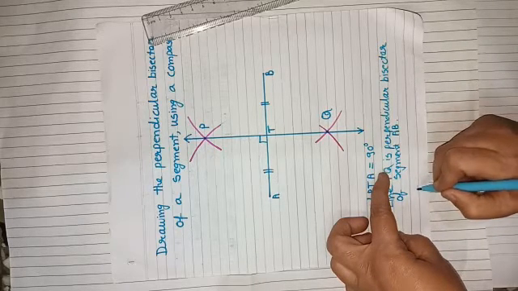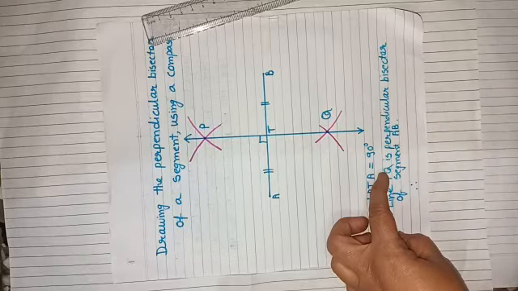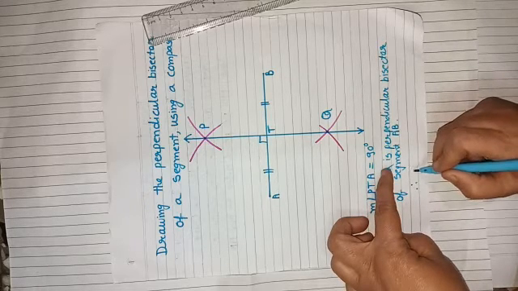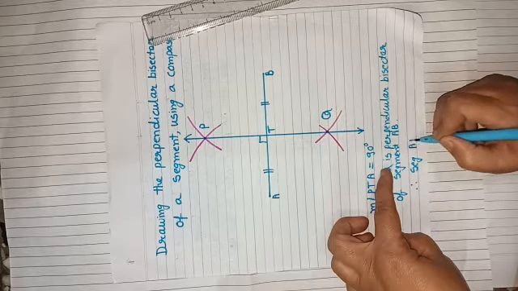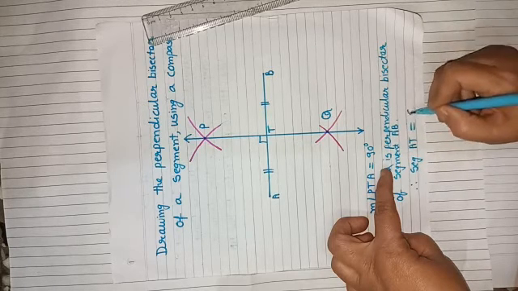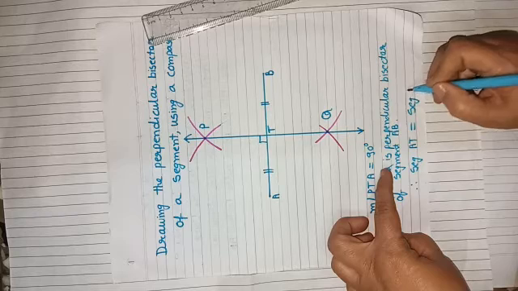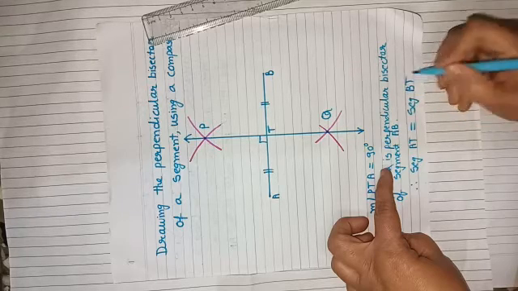Therefore, this point is very much important, seg AT is equal to seg BT.